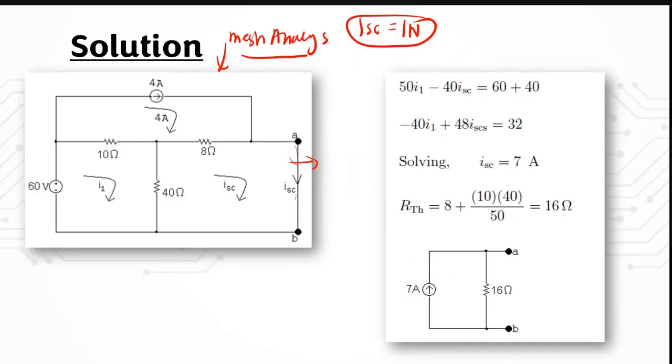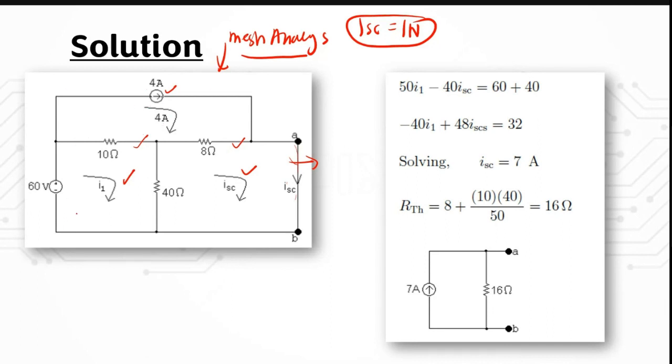For this one, you will have 4 ampere already for this loop, and this one is going to be I1 and ISC. So you need to calculate I1 and ISC. You want this value for ISC, but you also need to calculate I1. You have these two loops that you need to come up with the equation for, because this one already has the value for the current.